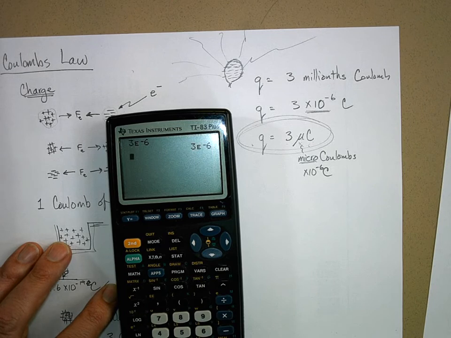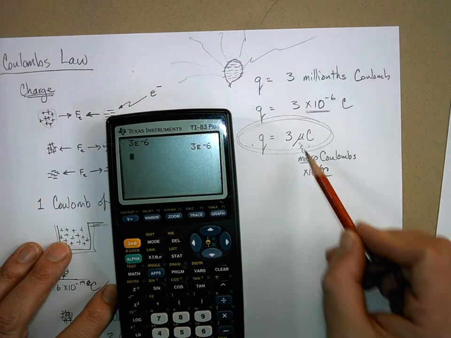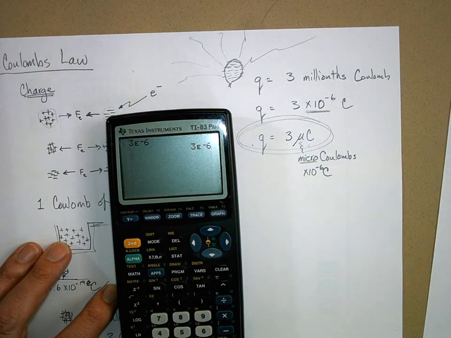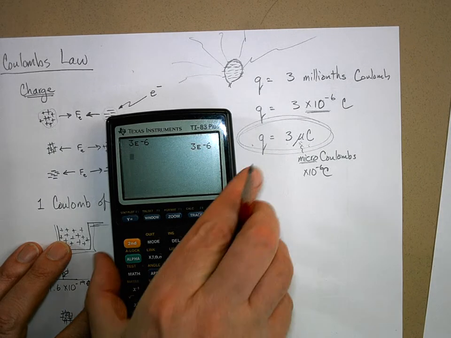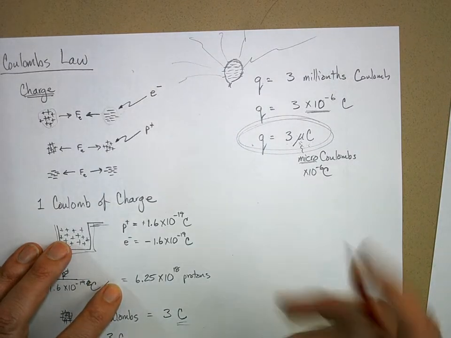Okay, if you see that micro, you need to put that negative 6 in there. Otherwise, your answer is going to be 1,000,000 times too big. So this is a unit of charge.